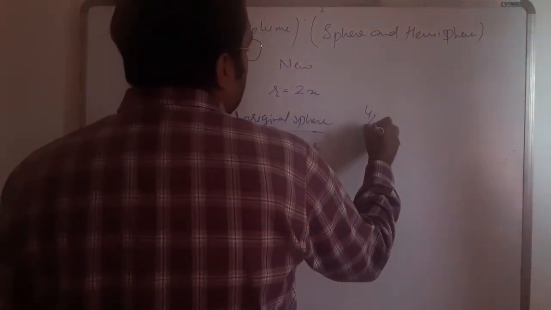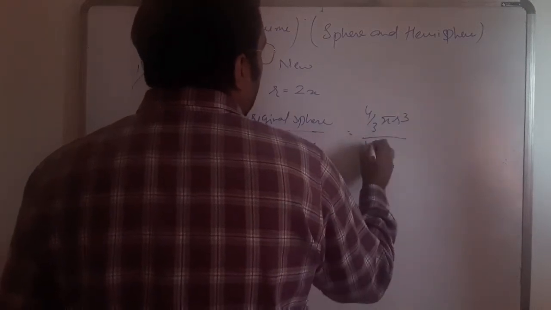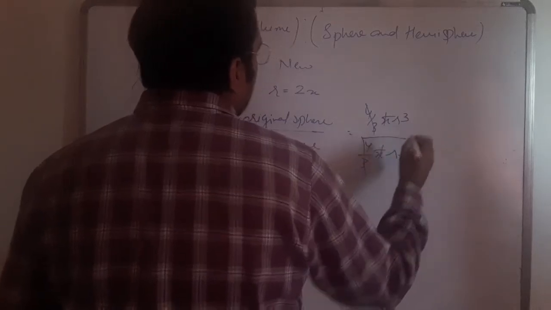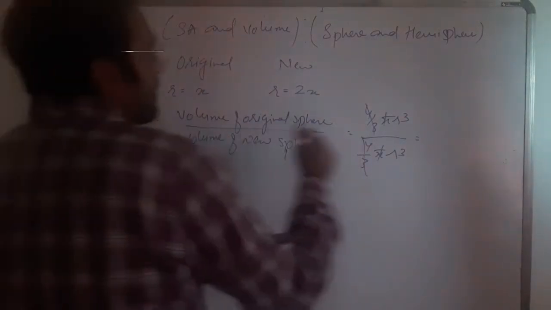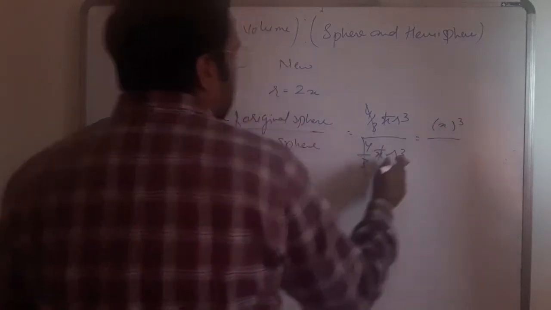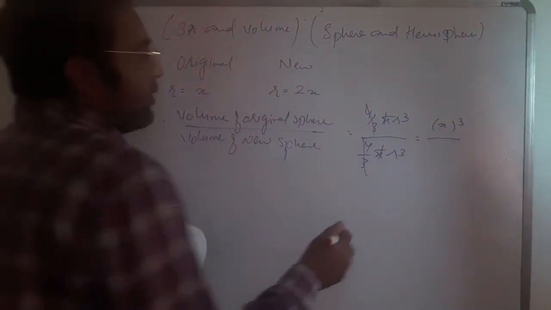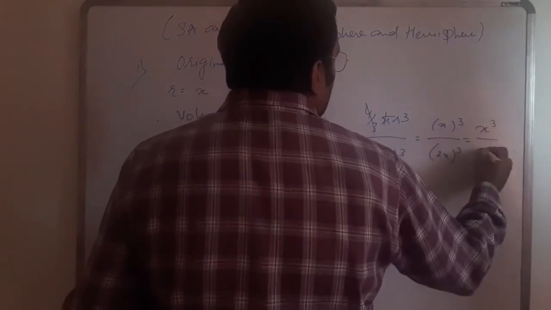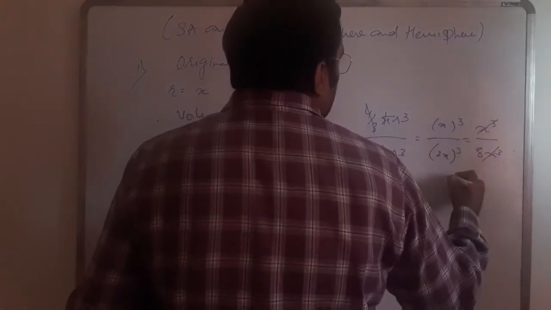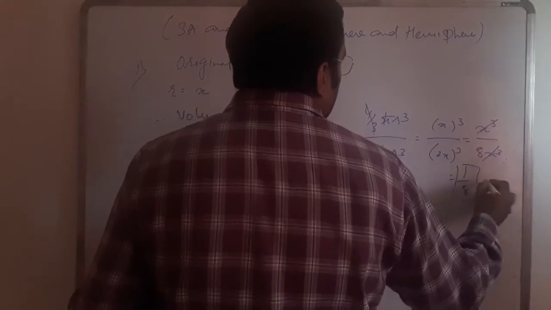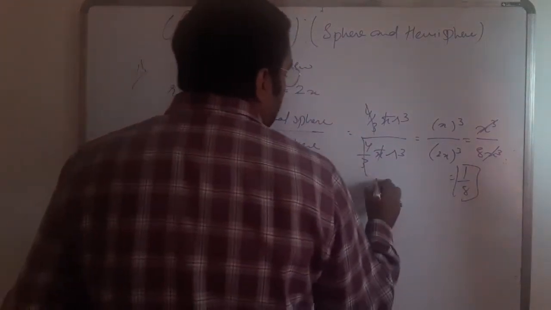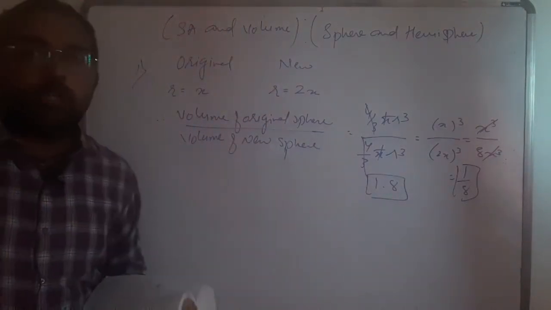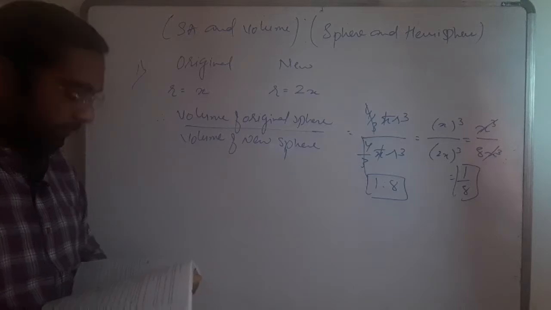That is 4/3 pi r cube upon 4/3 pi r cube. The 4/3 cancels out, pi also cancels out. For the original sphere the radius is x, so x cube, and for the new sphere the radius is 2x, so (2x) cube. So the answer is x cube upon 2 cube, which is 8, 8x cube. The x cube cancels out, so the answer is 1 upon 8. So the ratio is 1:8, original to new. Clear?